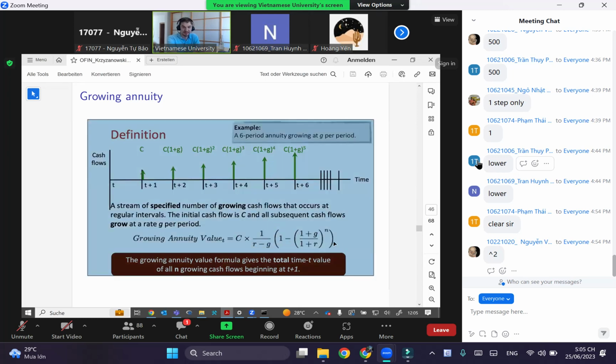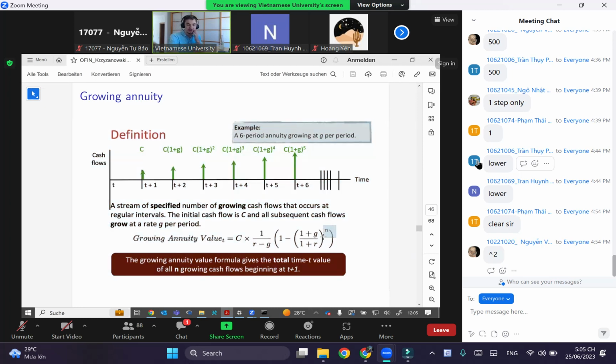So you still see the components to calculate the growing annuity value are as before, meaning we need information on the constant starting cash flow, then the growing rate for each period regarding this constant starting cash flow C, then information about the interest rate, and lastly, the information about the number of periods this growing annuity is running for, right? Good, so far so good.